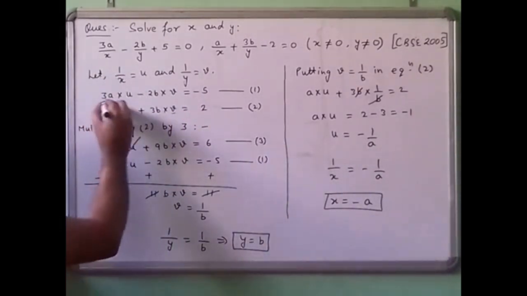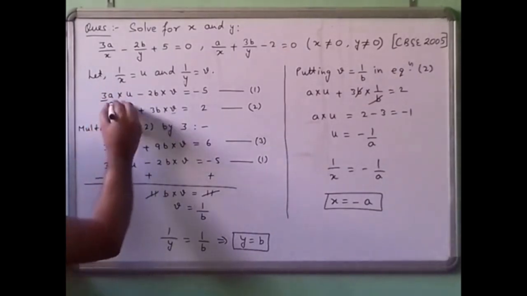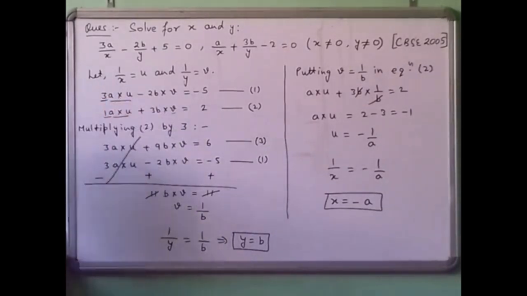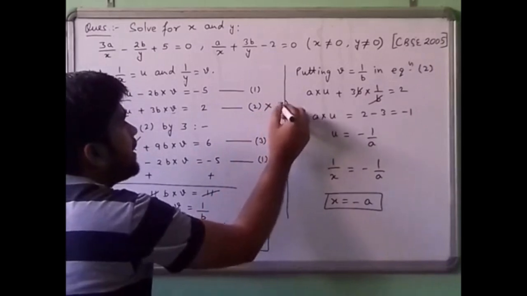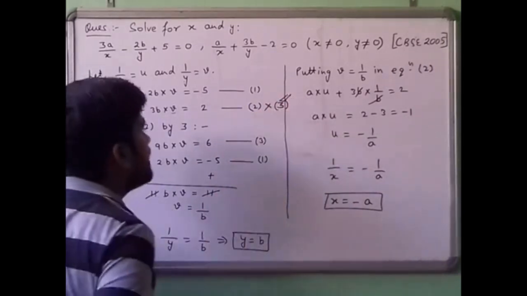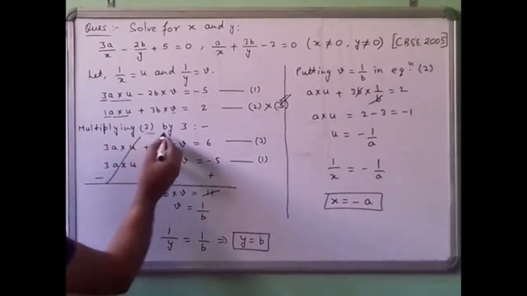Now we make equal coefficients of au. It's 3, it's 1, 3 times 1 is 3. So multiply equation number 2 by 3.